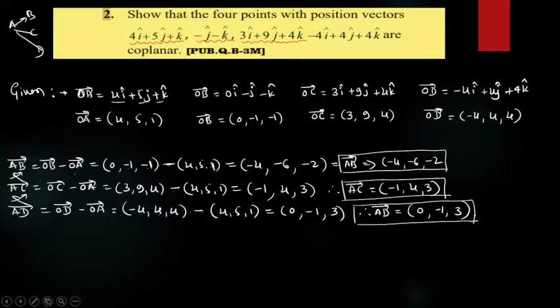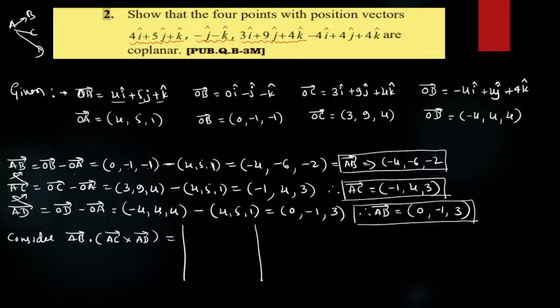In the final stage, in order to prove that the given points are coplanar, consider their scalar triple product. Consider the first vector AB dot the second vector AC cross AD, in determinant format.